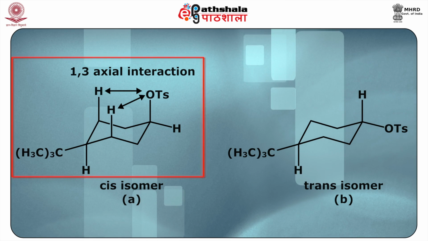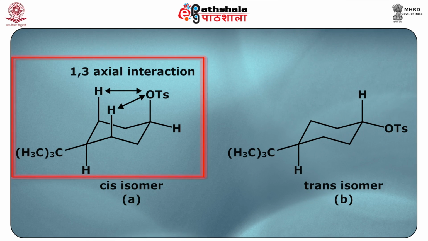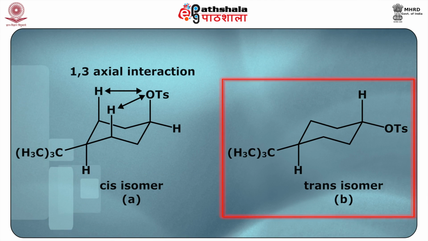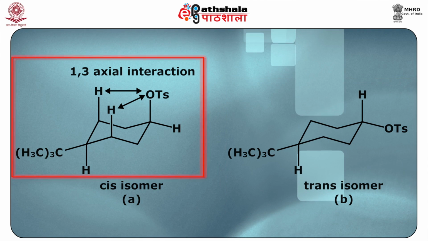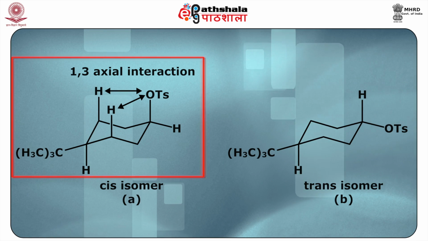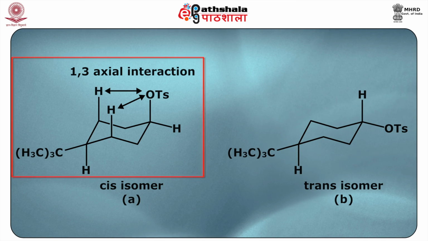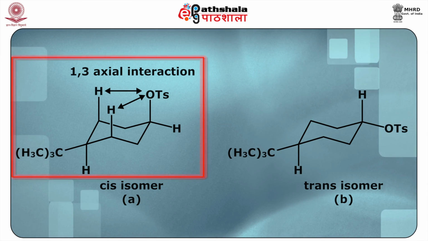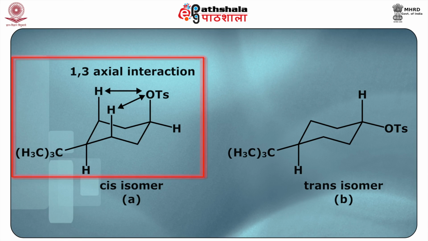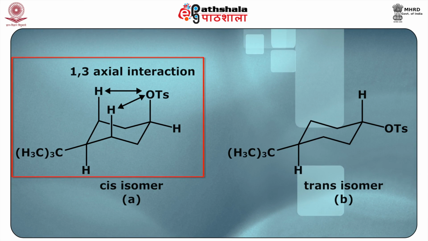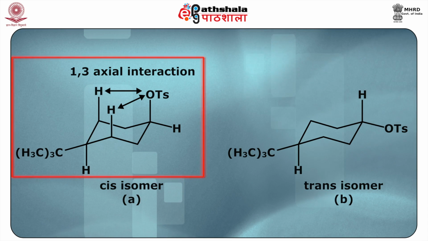Can you see there is 1,3 diaxial interaction in case of cis tosylate, and this is absent in trans tosylate. So in cis tosylate, when the nucleophile is attacking from the back side, this is completely unhindered.